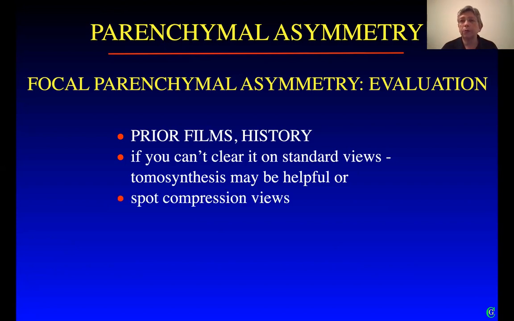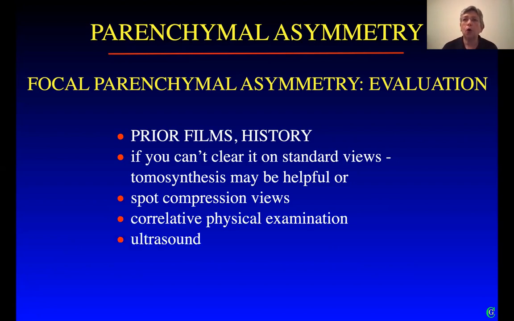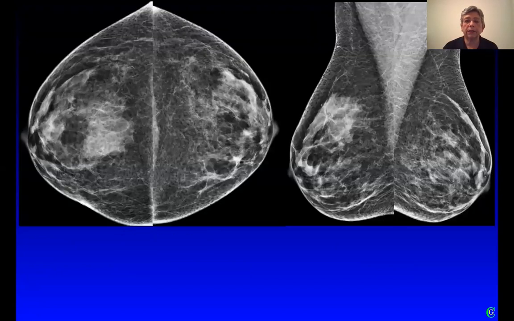You can do spot compression views in both projections. You can do correlative physical examination, and you can do ultrasound to fully evaluate that area. Very rarely with a focal parenchymal asymmetry would I do MRI, and very rarely would I do a biopsy. And if I only see it on the mammographic images, it would have to be done stereotactically.